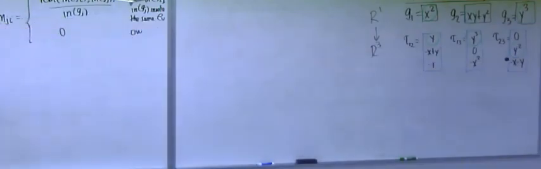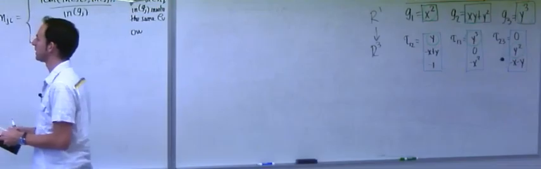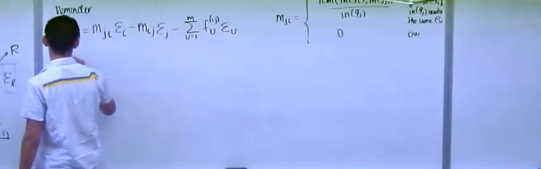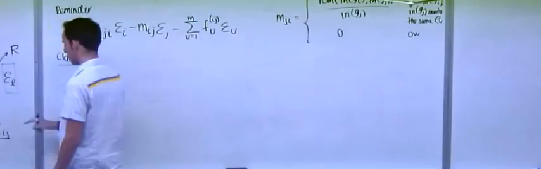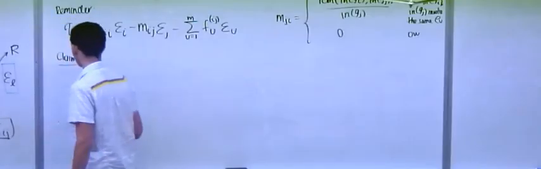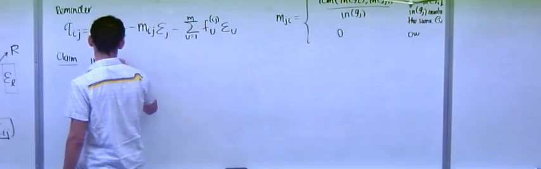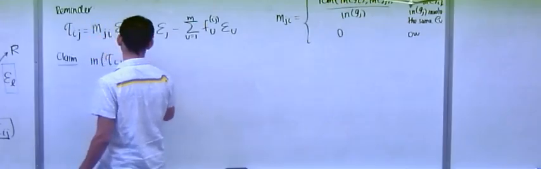Okay, so this was the definition of tau_ij, and I claim that this guy is easy to understand, actually. The initial term of tau_ij is just going to be this one.